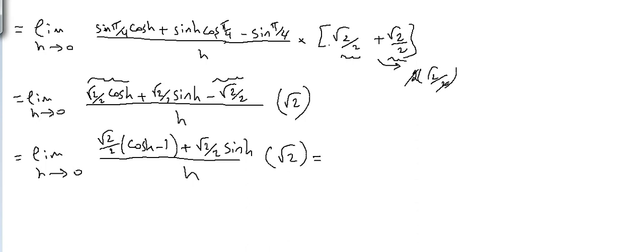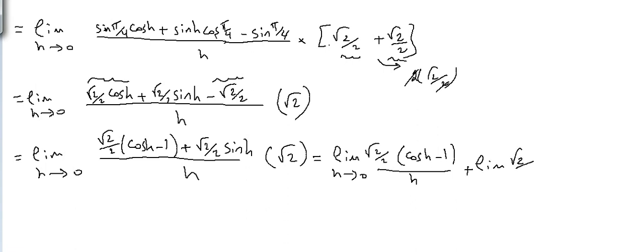So it will be equal. Let us distribute this denominator h to both terms up in the numerator. So it will be the limit of radical 2 over 2 into cosine h minus 1 over h as h tends to 0, plus the limit of radical 2 over 2 sine h over h as h approaches 0, all of those multiplied with radical 2.